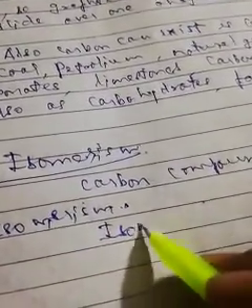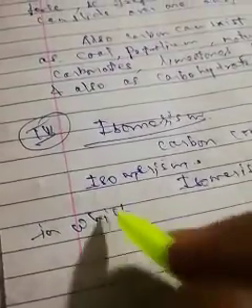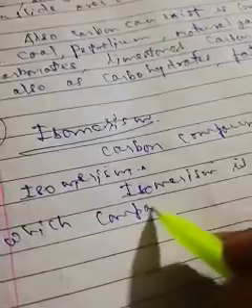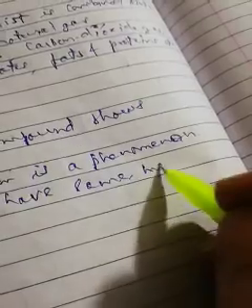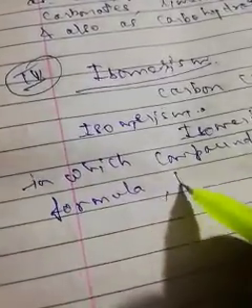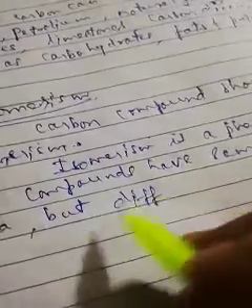Isomerism is a phenomenon in which compounds have the same chemical formula, the same molecular formula, but different structural formulas.